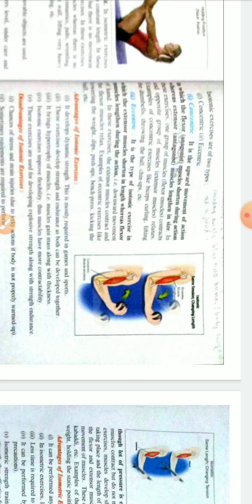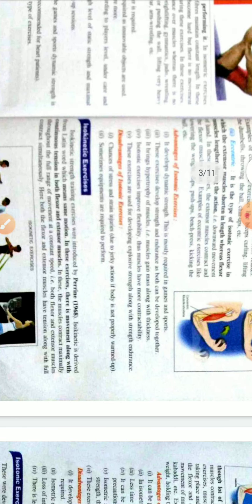Advantages of isotonic exercise: it develops dynamic strength. Dynamic means movement, motion. Dynamic strength is required in most games. This exercise develops strength and endurance, as both can be developed together.